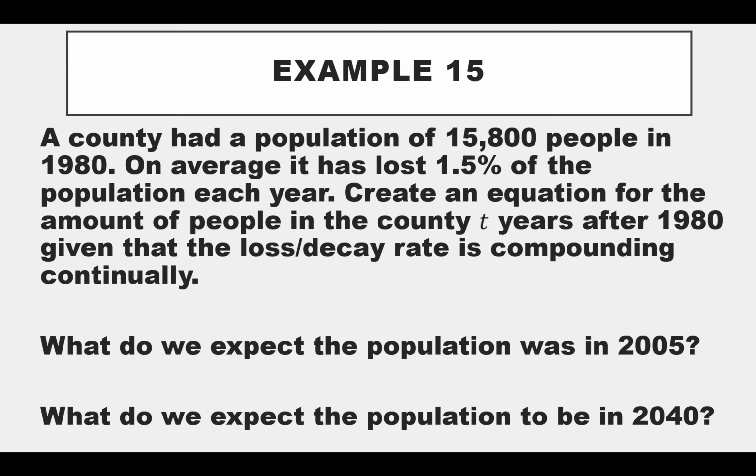Create an equation for the amount of people in the county T years after 1980, given that the loss or the decay rate is compounding continually. So in this case, we're losing population, but we're still compounding continually. And we're going to want to start our count at the year 1980.